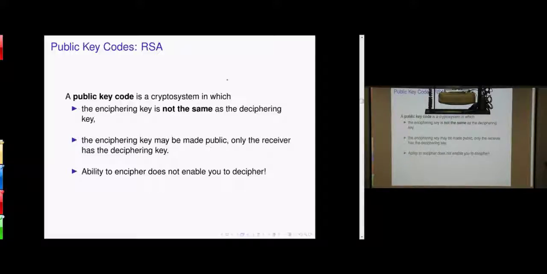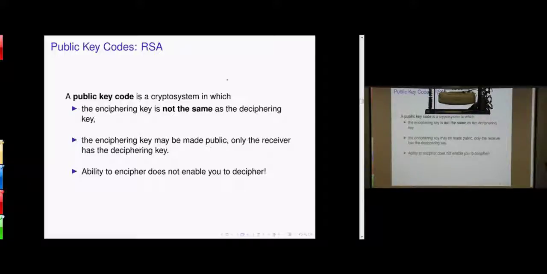So what does it mean? Suppose I create a pair, an enciphering key and a deciphering key. I hold the deciphering key. I will not tell anybody, but I can tell the whole class about the enciphering key. Let's call the enciphering key E and the deciphering key D. I hold D and announce E to the whole class.